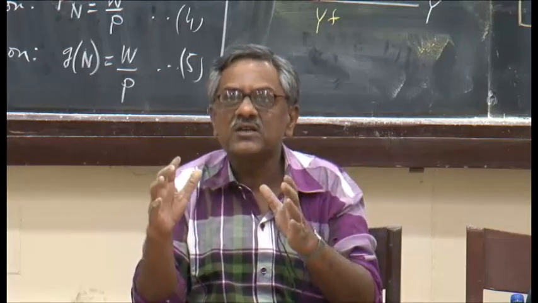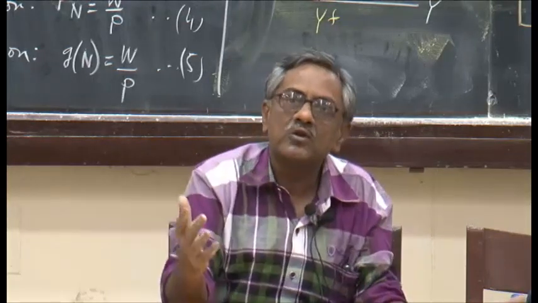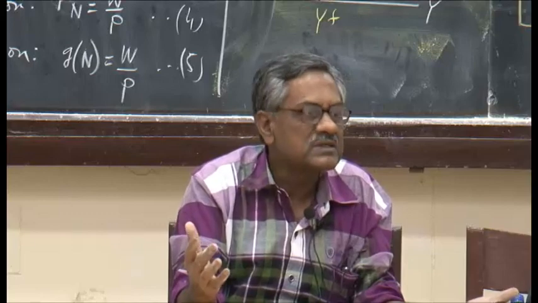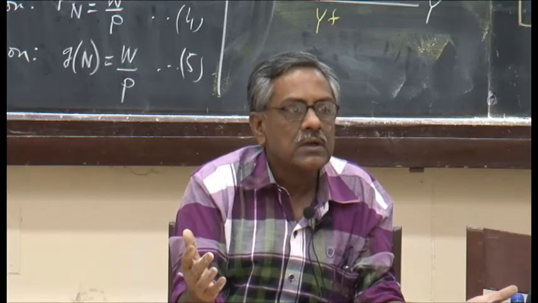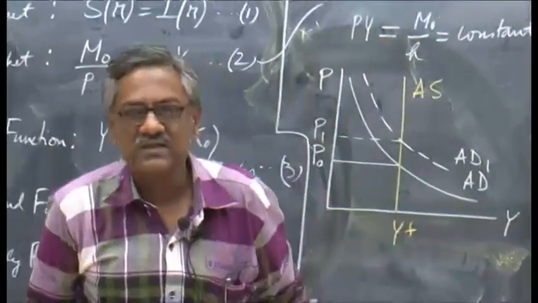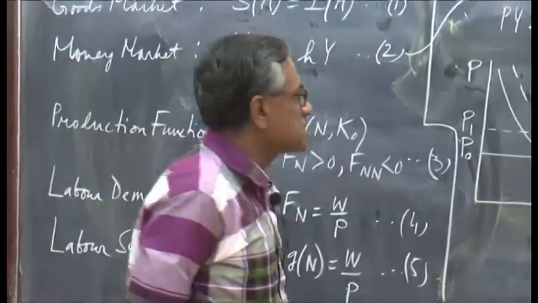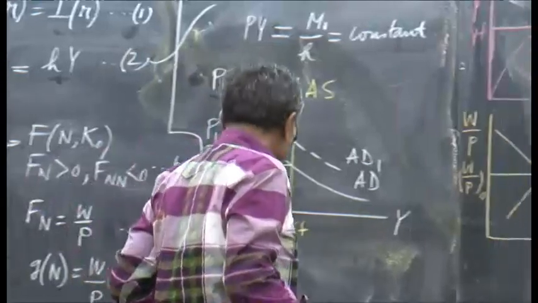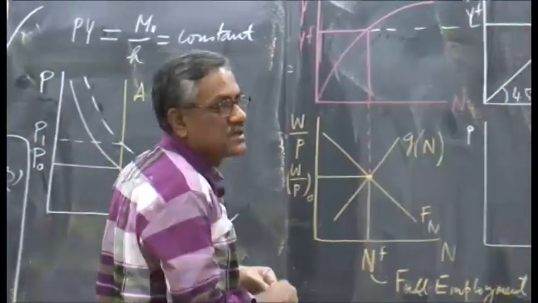This real sector, completely independent of the nominal sector, like money supply or prices, is the famous proposition we find. It's a result, not a hypothesis, it's a result of the classical model. This is called classical dichotomy.